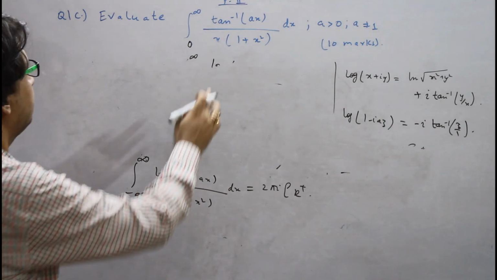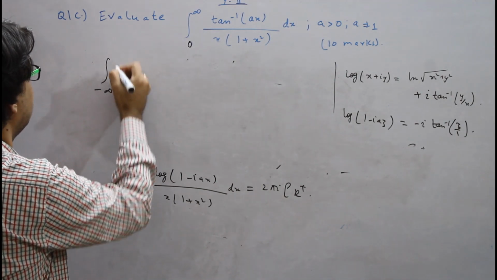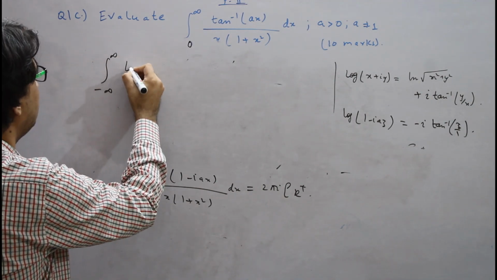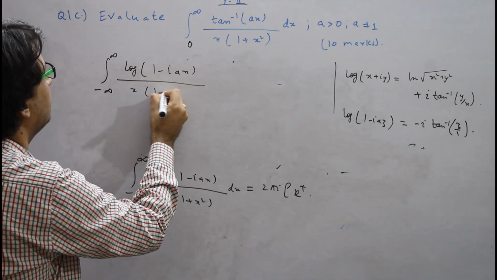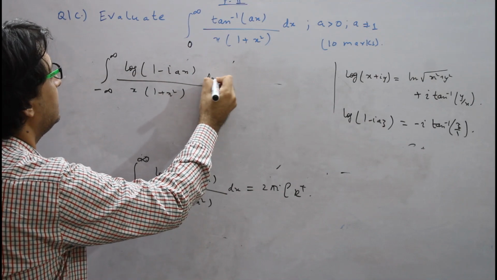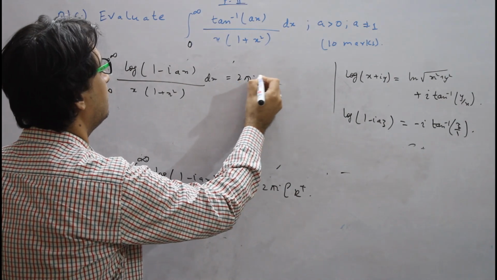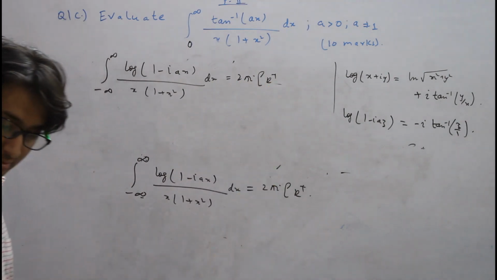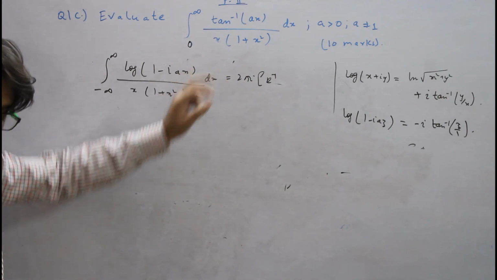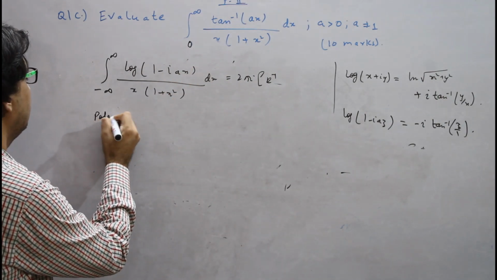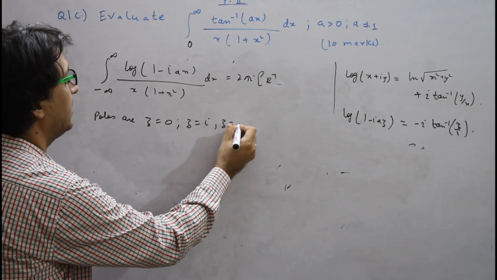So if we start with this one, this gives me minus infinity to infinity, log of (1 minus iax) divided by x into (1 plus x squared) dx, and this is equal to 2 pi i times the residues. First, our poles are z equal to 0, z equal to i and z equal to minus i.